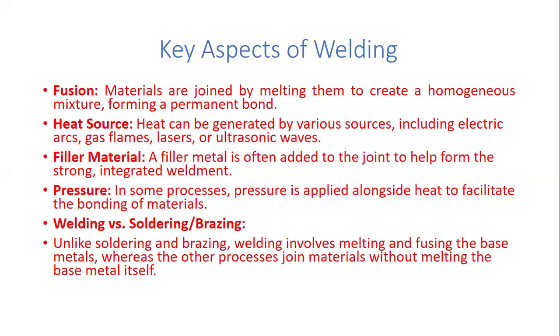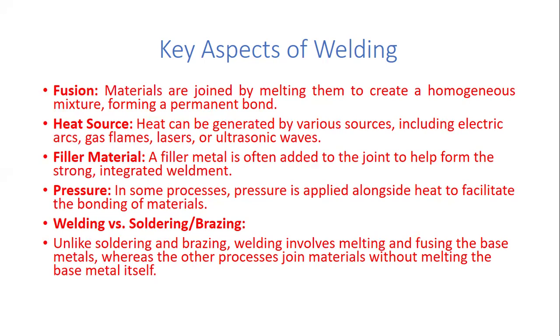The first one is the fusion process. In this, materials are joined by melting them to create a homogeneous mixture in order to form a permanent bond. Next, the application of heat, which can be generated through various sources like electric arc, gas flames, ultrasonic waves, and laser.